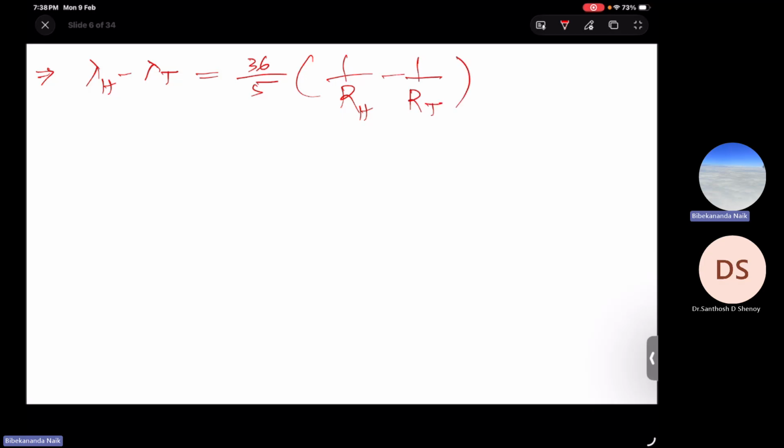So what will be the value of RH? So what is the ratio of RH by R infinity? So it is Mp by Mp plus Me.